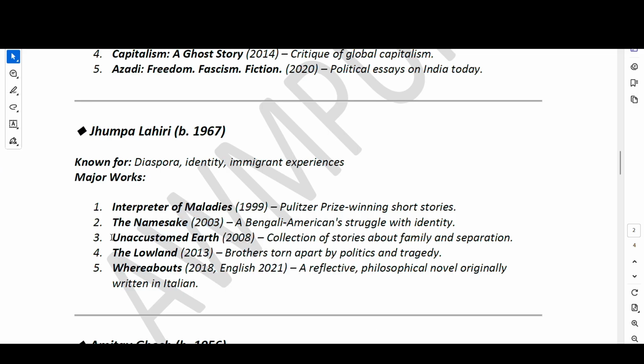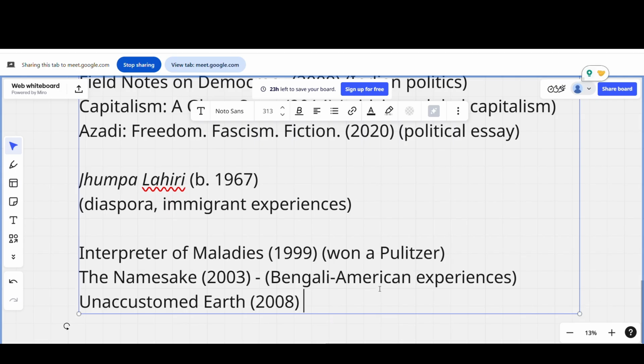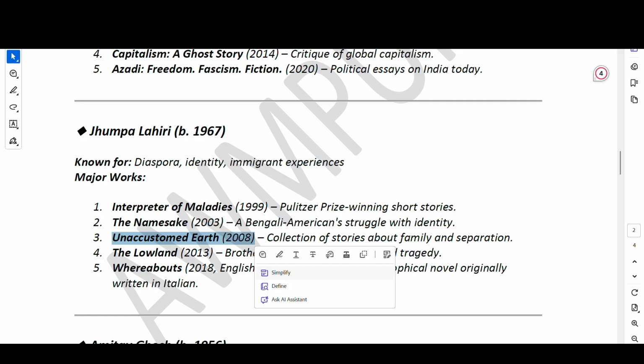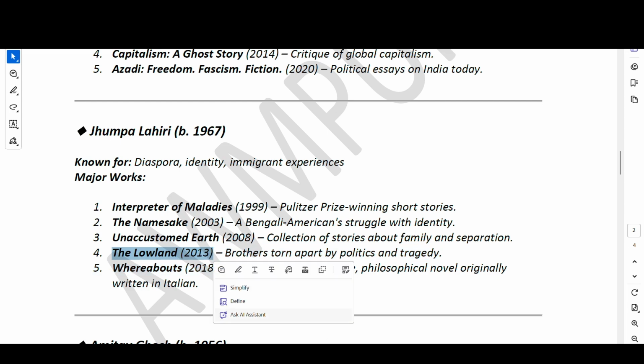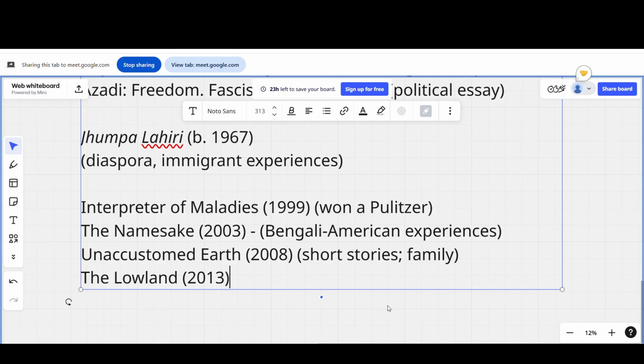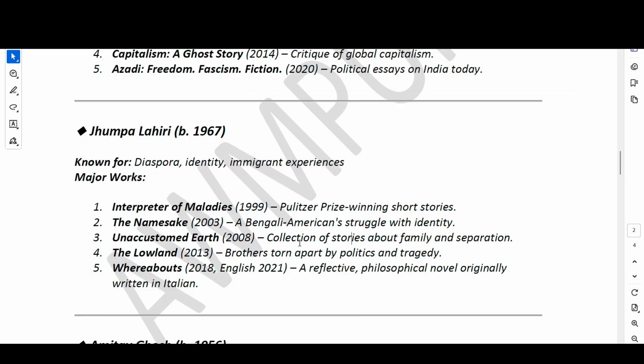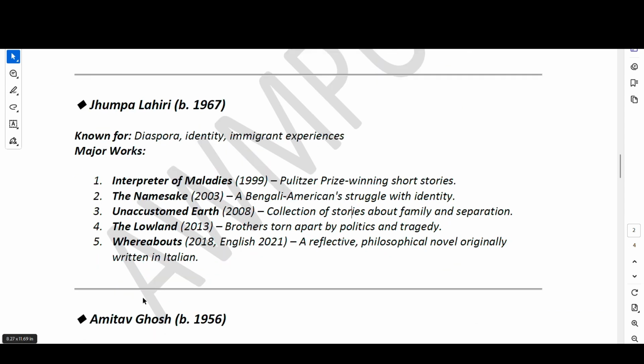And then Unaccustomed Earth. Okay, it's a collection of short stories, and it's mostly about family. Unaccustomed Earth. The Lowland. It was published in 2013. So it's contemporary, mostly 21st century writings.